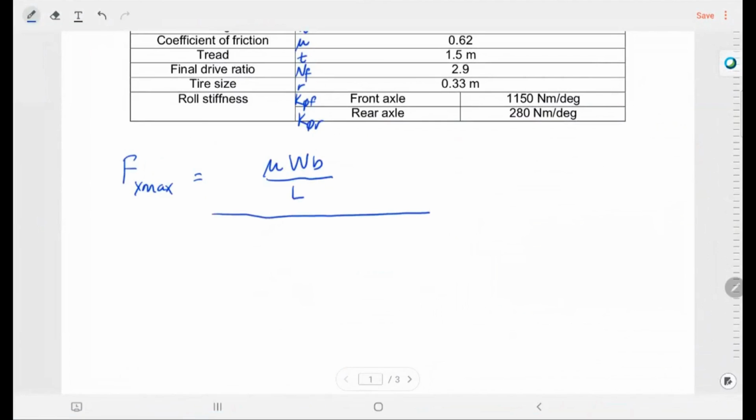Bagi lagi 1 tolak h over L mu plus 2 mu r over NF T K phi F over K phi.